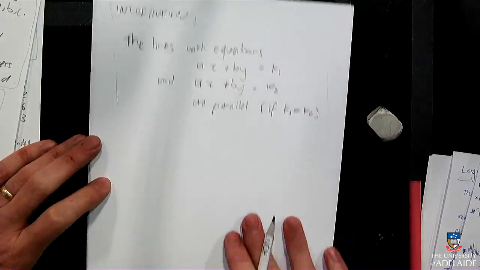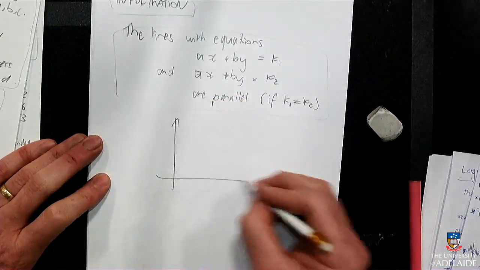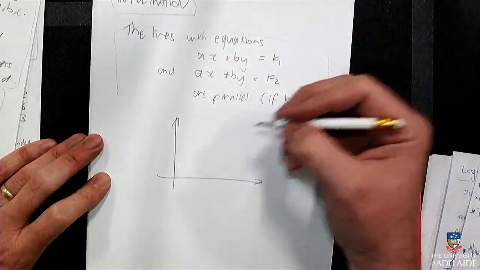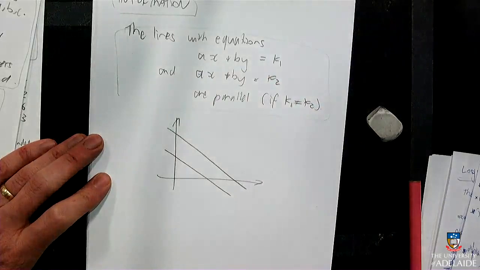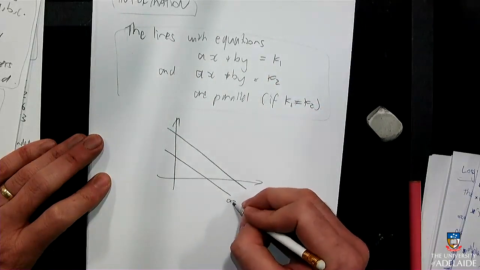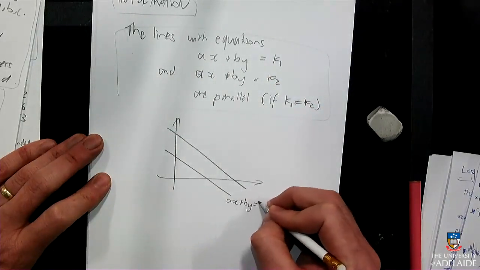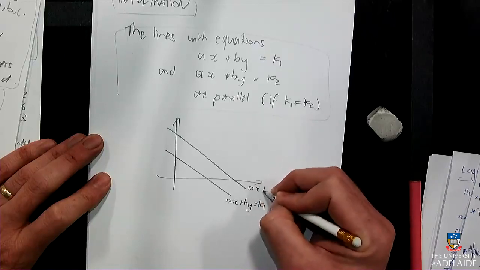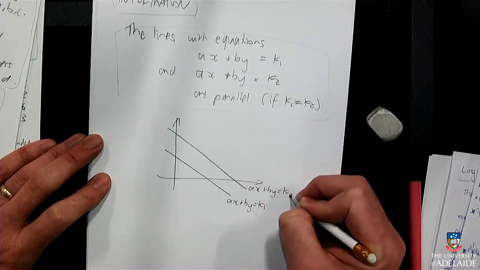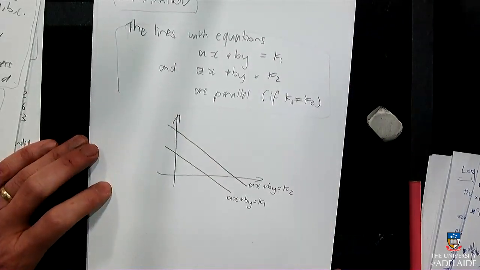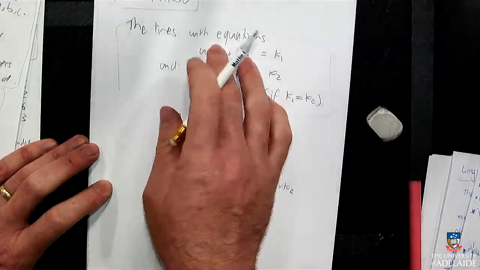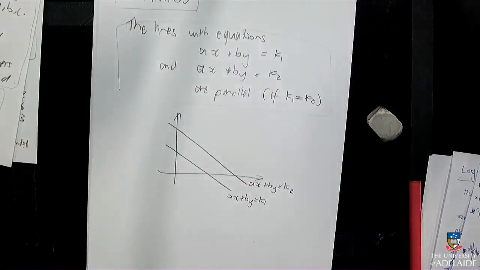And just as a drawing to go with that, they'll be like this, or this, or whatever they are. So if this part is the same and these numbers are different, then the two lines are parallel.